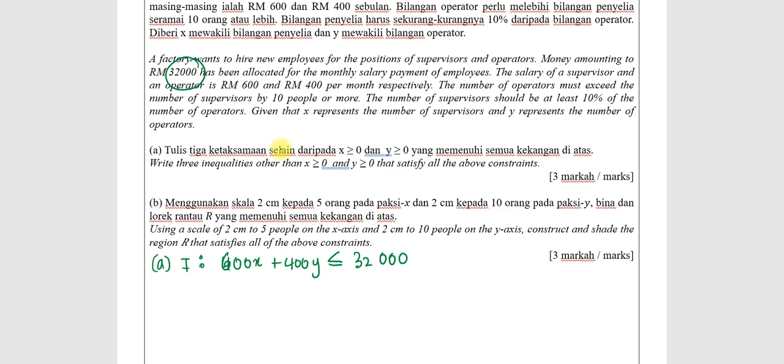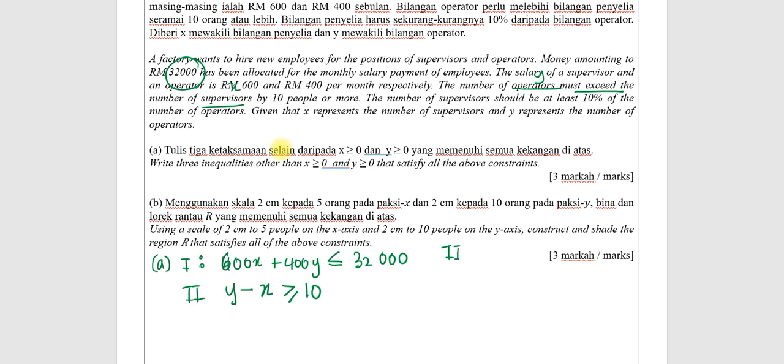Then, the number of operators y must exceed the number of supervisors x by 10 people or more. So y minus x is more than or equal to 10. That is your second inequality.